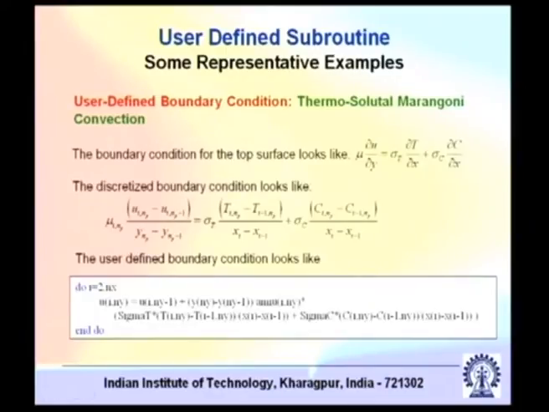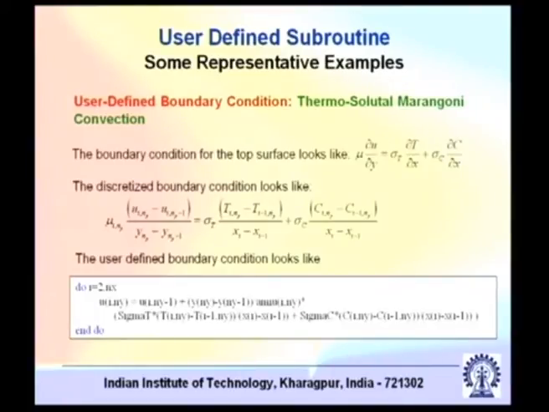Then another example, let us say that you have a thermosolutal convection. What is thermosolutal convection? We know that there are cases in which you have free surface flows, that is you have an interface between two fluids, or a free surface where the interface is between a liquid and a gas.